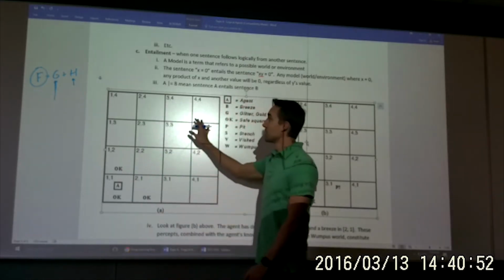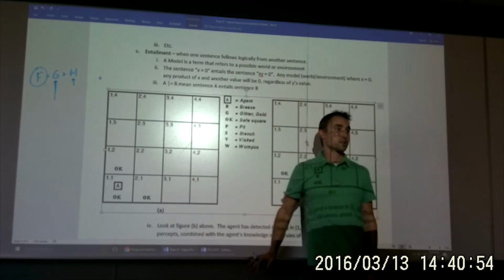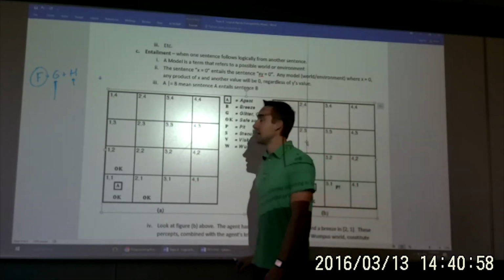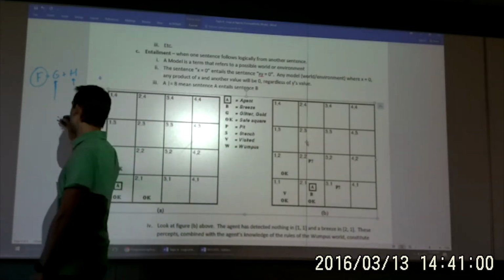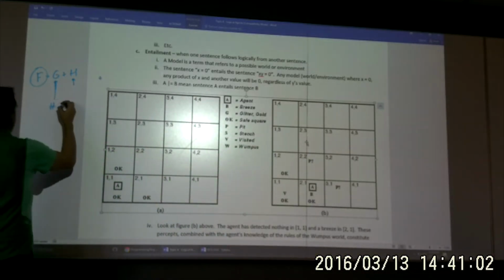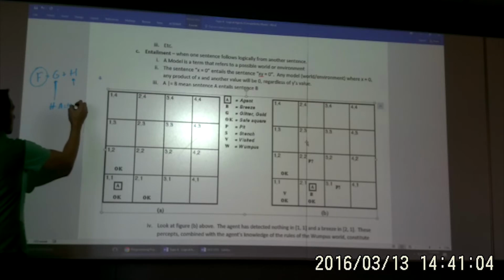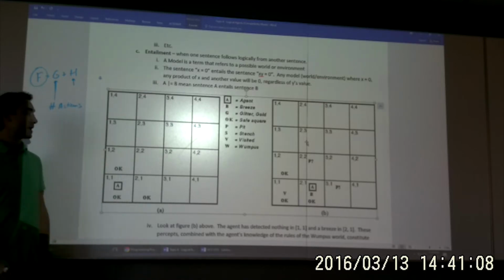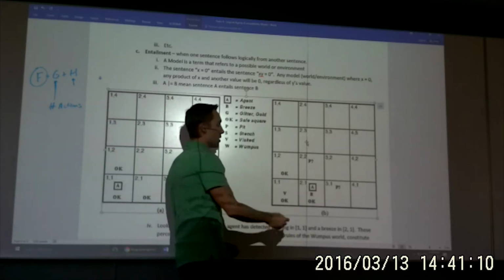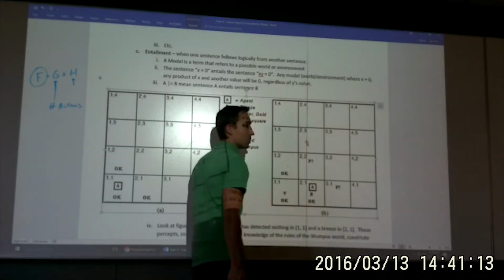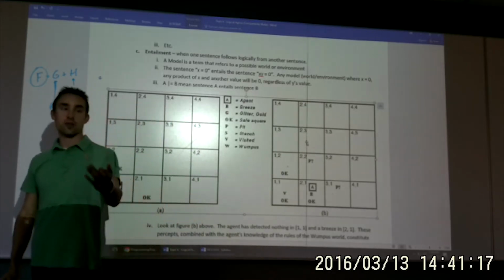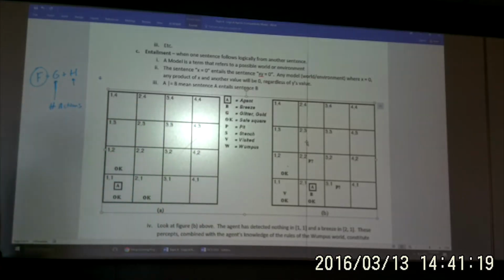In this situation, because our performance measure is defined in terms of actions, we would say G is the number of actions. So when we're trying to decide which node to move to, when we're considering the G, we are going to look at the cost to get to that node from our node.